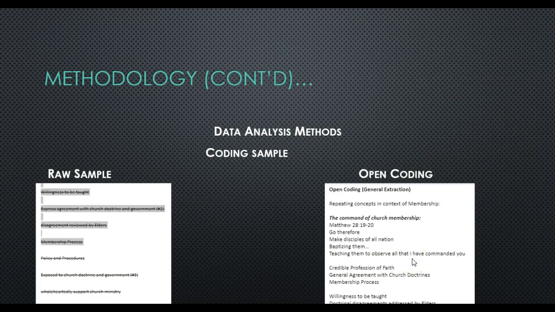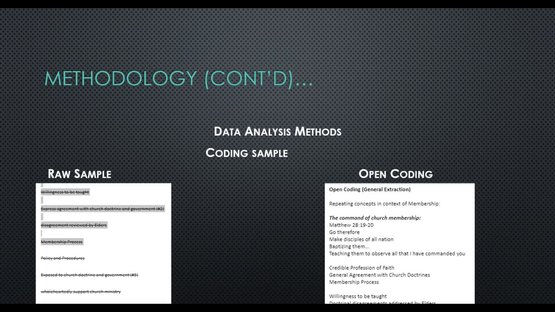I did provide an example here of some of the coding. Over here toward the left, you'll see a raw sample where I just went through the document and pulled out the information, using Earl Babbie's example in chapter 13, where he does a coding of Leviticus.